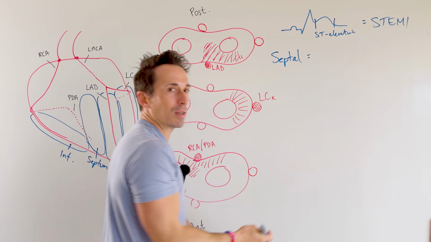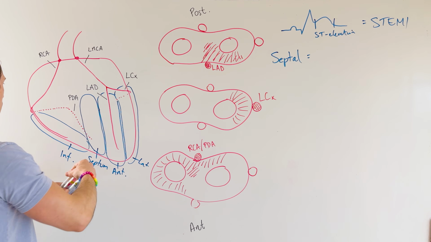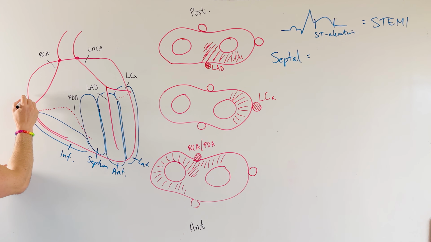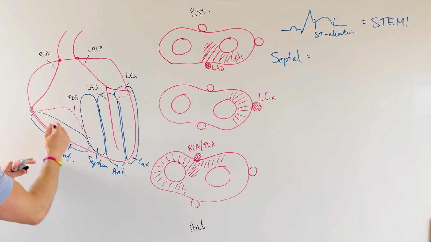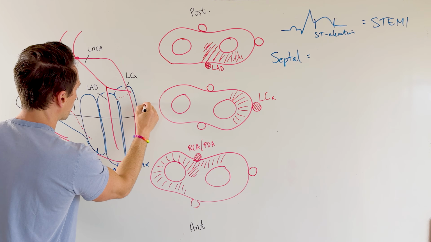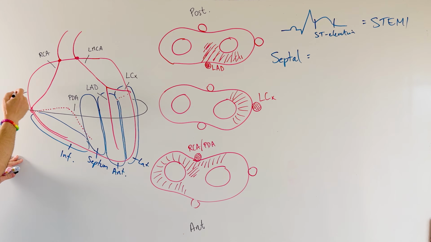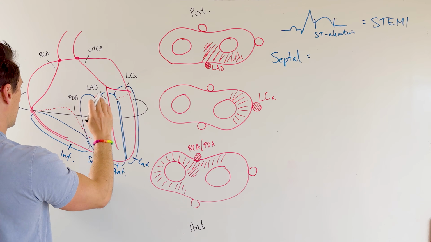Septal. What ECG leads are going to give us that best view? Well, we need to draw them up now, don't we? So if we were to draw up firstly the precordial leads, these are V1 to V6, right? The chest leads. So let's draw these ones up. So remember, it gives you that perspective around the heart. So let's draw this up. How are we going to see this?